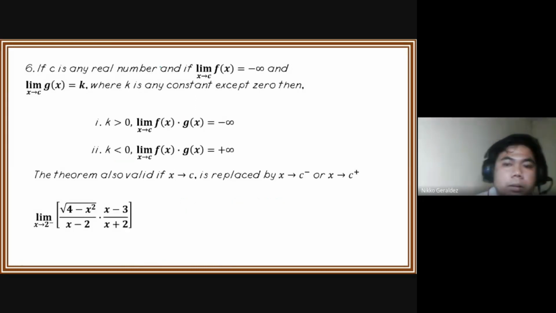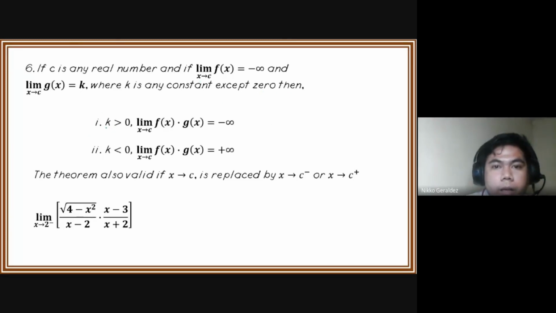And last theorem. So theorem 6. No? So if c is any real number and if limit of f of x as x approaches c is equal to negative infinity and limit of g of x as x approaches c is equal to k, where k is any constant except 0, then two cases.